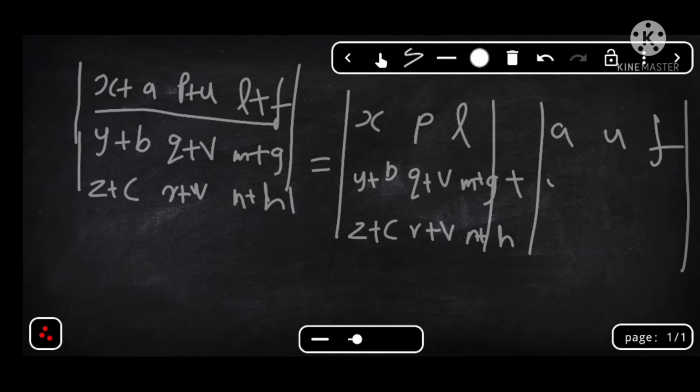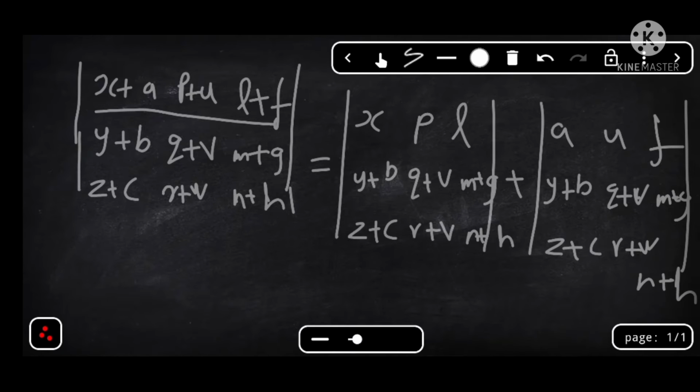Here also y plus b, q plus v, m plus g, z plus c, r plus w, finally n plus h.